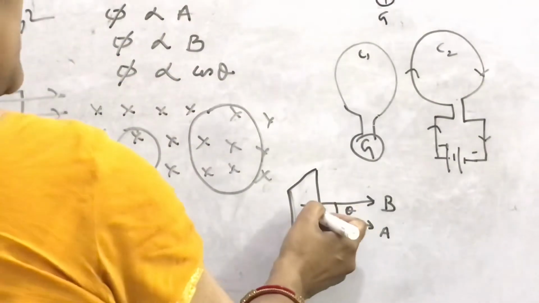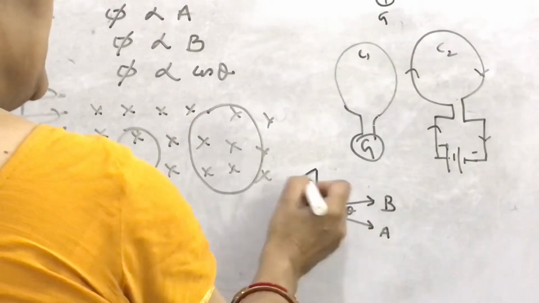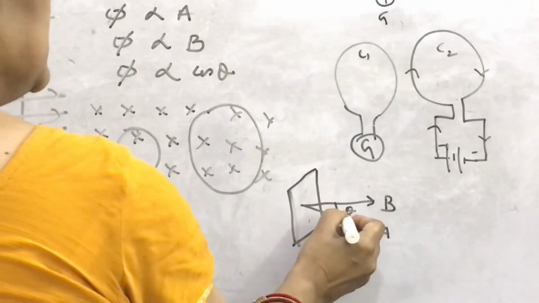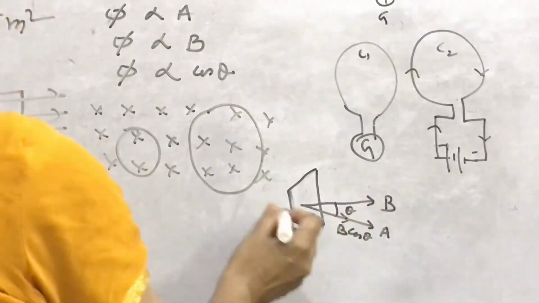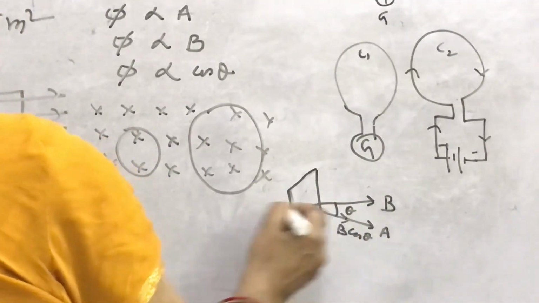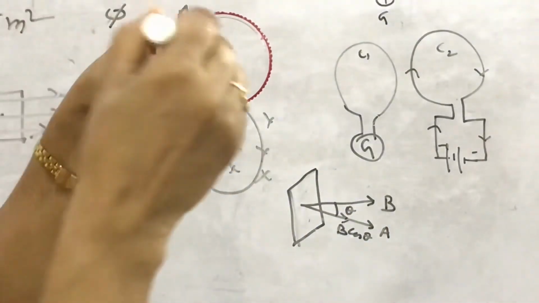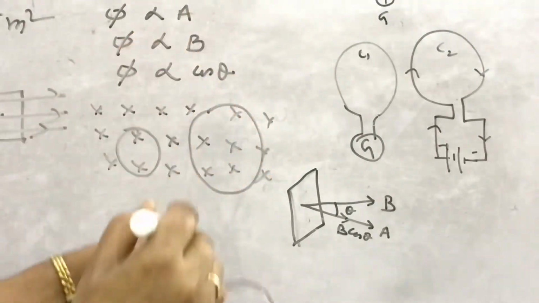Whatever magnetic field lines pass perpendicular through the loop, in this direction the component of the magnetic field will be B cos theta. So if all the field lines pass through the loop, then the magnetic flux will be maximum.